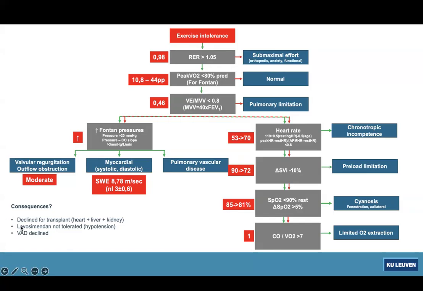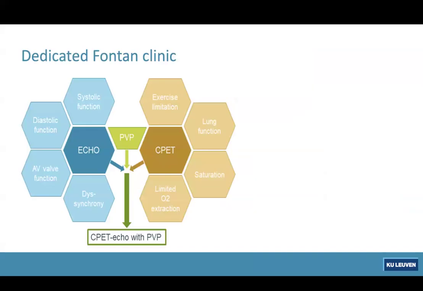We tried to put her on levosimendan, which she didn't tolerate. We proposed her at our transplant reunion. She was declined because it was a triple organ transplantation, and we suggested a VAD, but she declined. So she's currently palliative and treated just in the outpatient clinic.